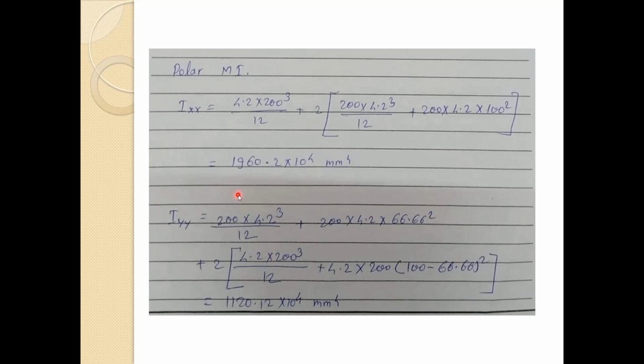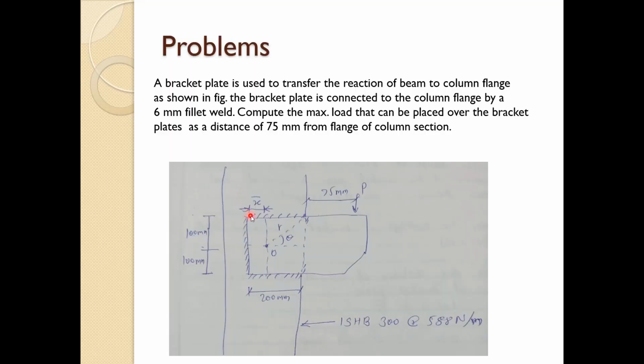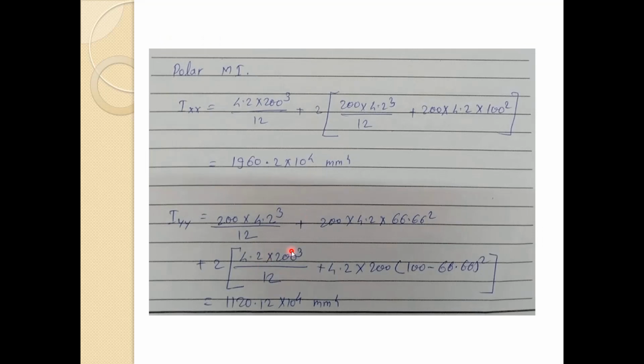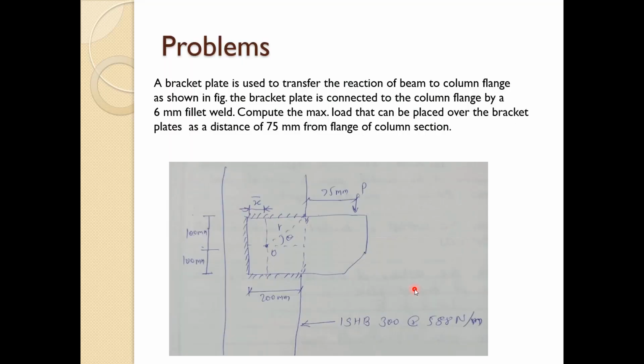Now this 4.2 is the width here and here, and this is the depth. So 4.2 into 200 cube divided by 12 plus area into 100 minus 66.66.